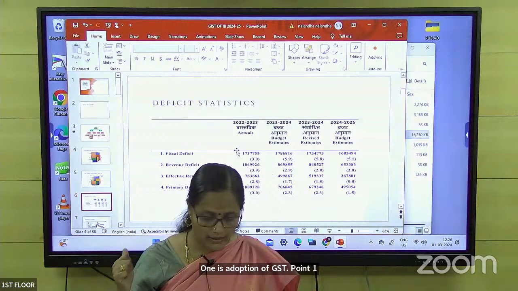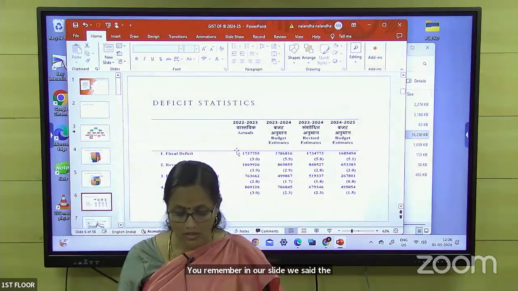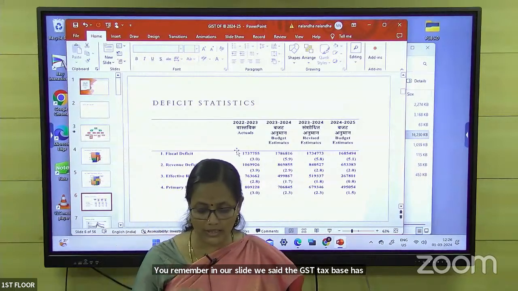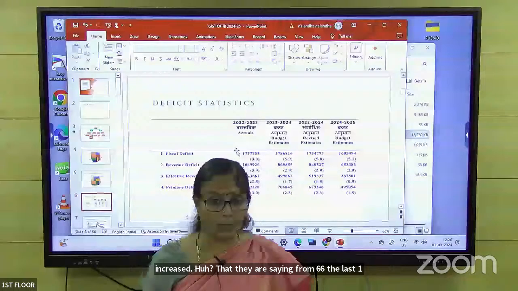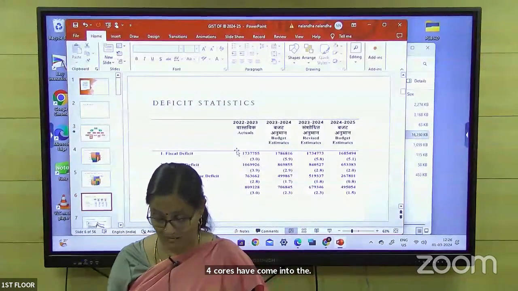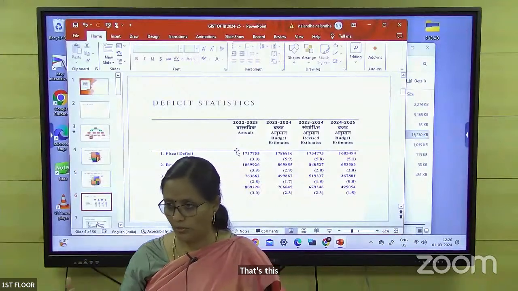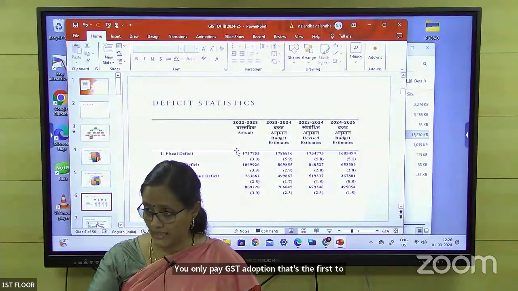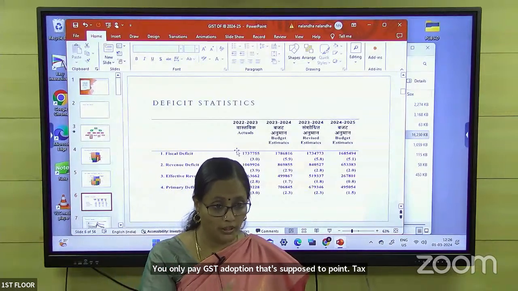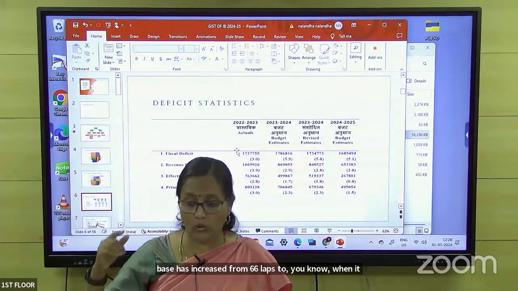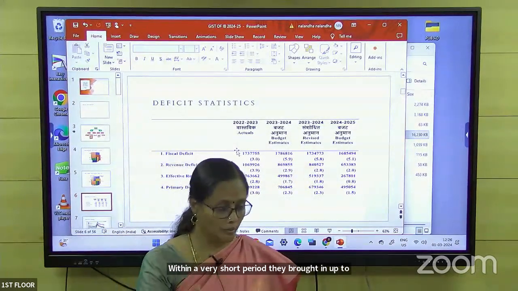You remember in our slide we said the GST taxpayer base has increased, from 66 lakhs to 1.4 crores coming into the tax base. Within a very short period, they brought in up to 1.4 crores of companies and individuals paying GST.